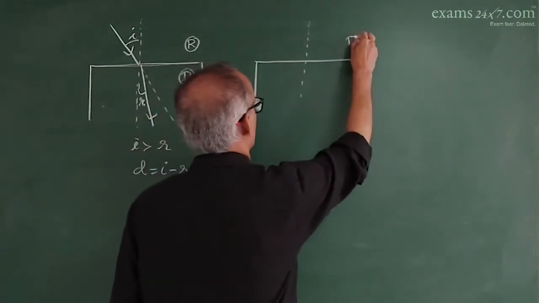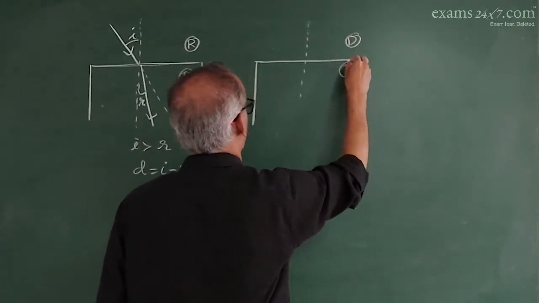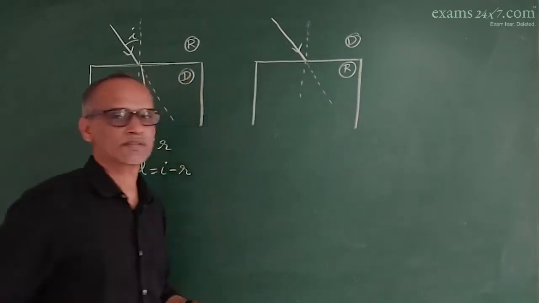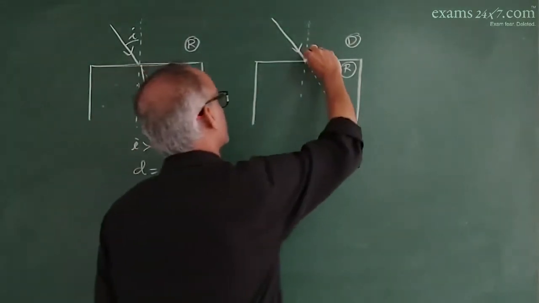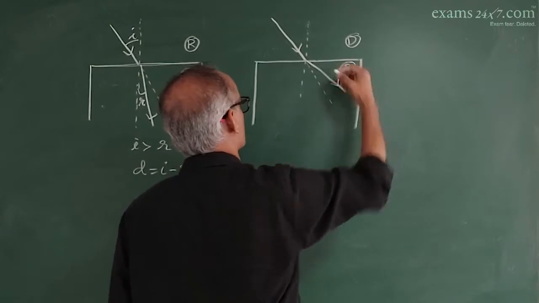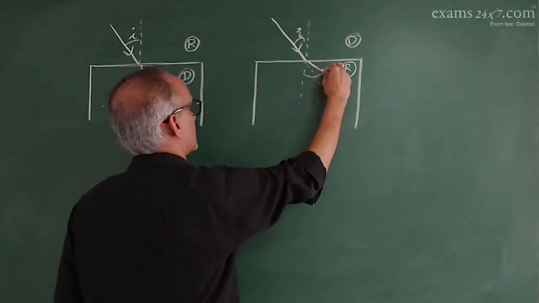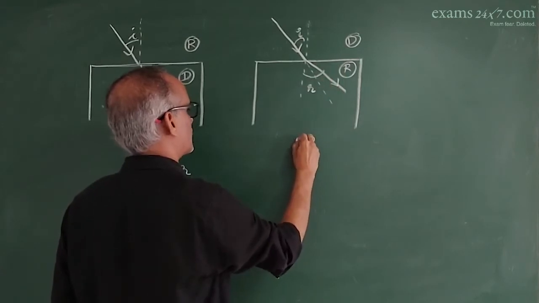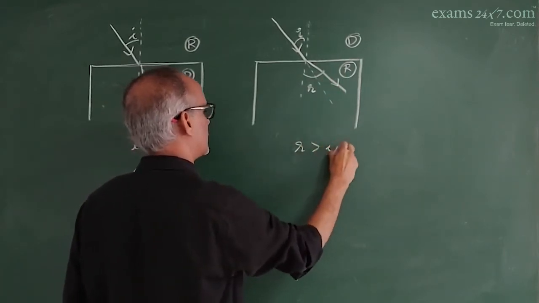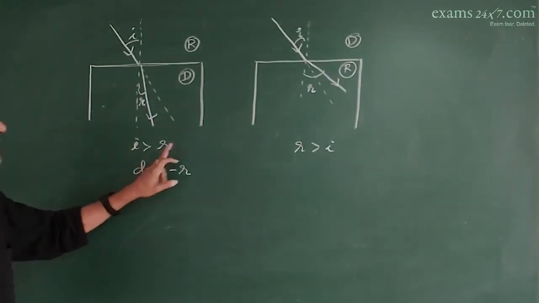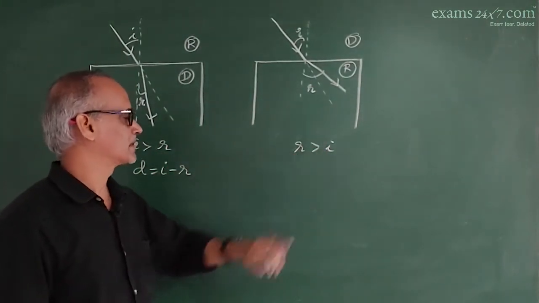Similarly, when the ray travels from denser to rarer, and if this is the direction of the incident ray, the ray always bends away from the normal. And this is I, the angle of incidence here. This is the angle of refraction. So the angle of refraction is greater than the angle of incidence.